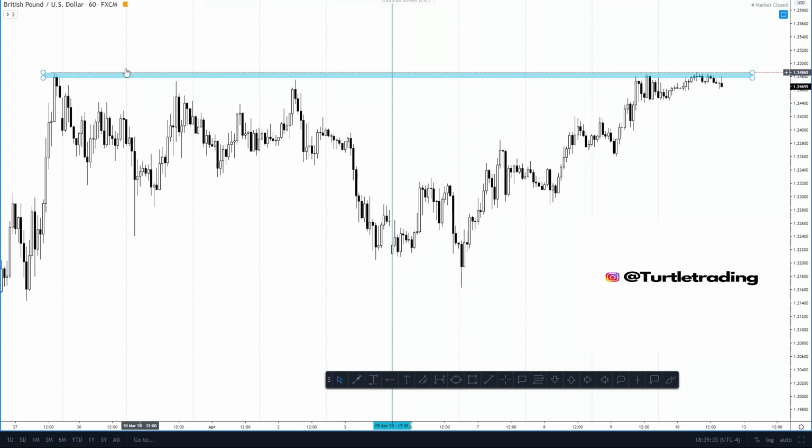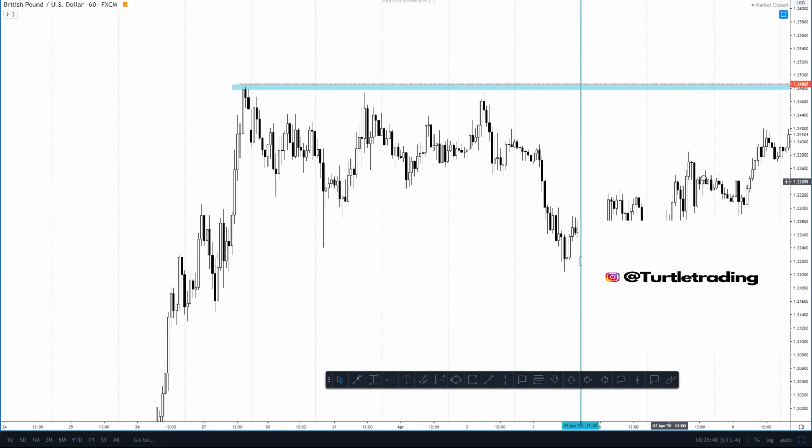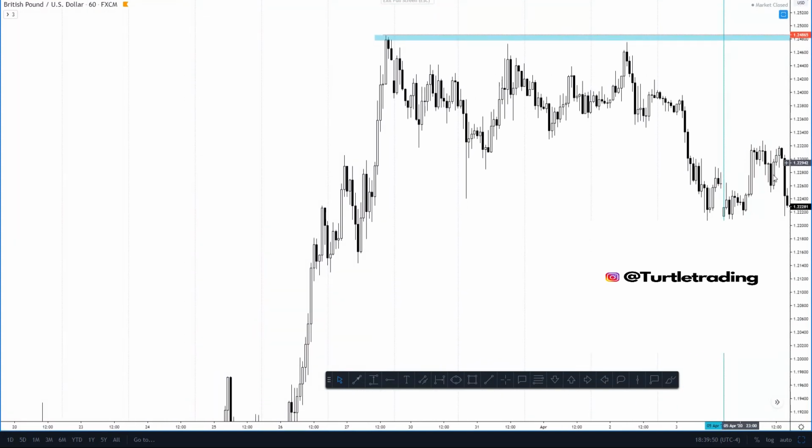Now that I have this area, I don't just look to go buy and anticipate price going here. I want to see clear structure. Because at this point in time, let's say you don't even see this, price is bearish. It looks like we formed a high, we broke structure, and now we're making lower highs.